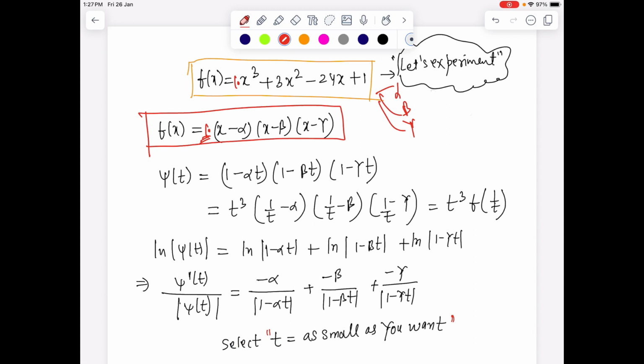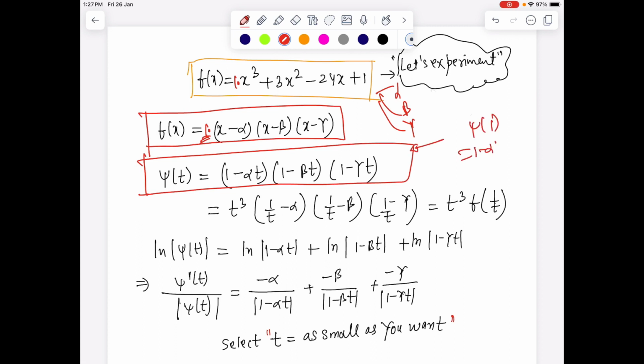Now we suddenly define psi t as 1 minus alpha t. So what's the motivation behind this definition? Let's define 1 minus alpha t, 1 minus beta t, 1 minus gamma t as some new function psi t. This is nice because it will help us calculate, let's say, psi 1, which is nothing but 1 minus alpha, 1 minus beta, 1 minus gamma. So if I ask you to calculate the value of 1 minus alpha, 1 minus beta, 1 minus gamma, it amounts to psi 1.